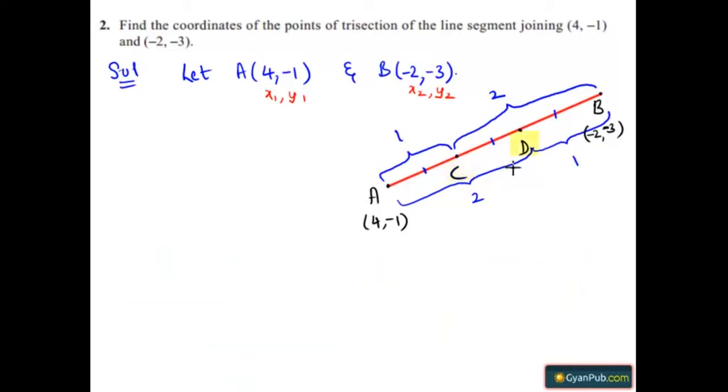The point D divides AB in the ratio 2:1 internally. So now we can take m value as 2 and n value as 1.